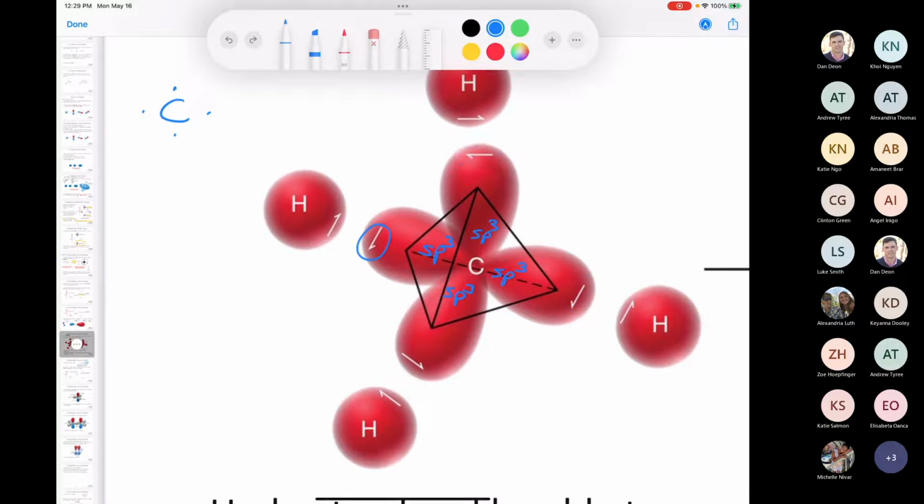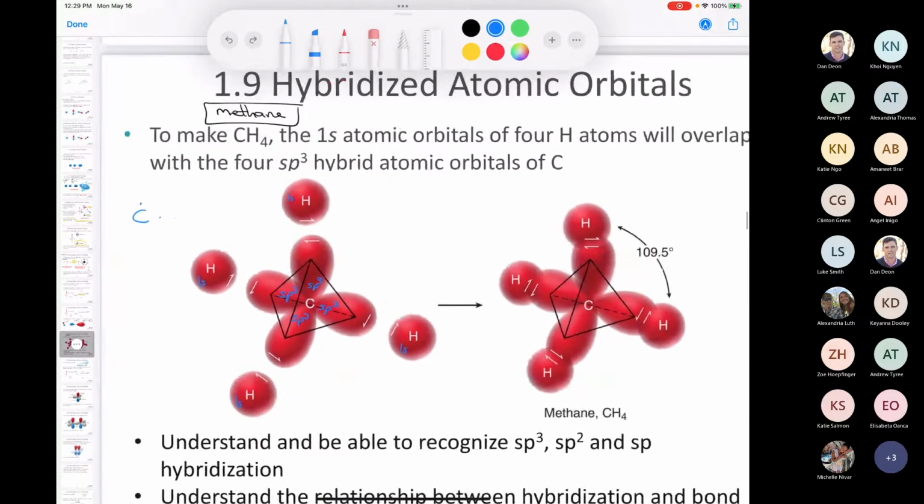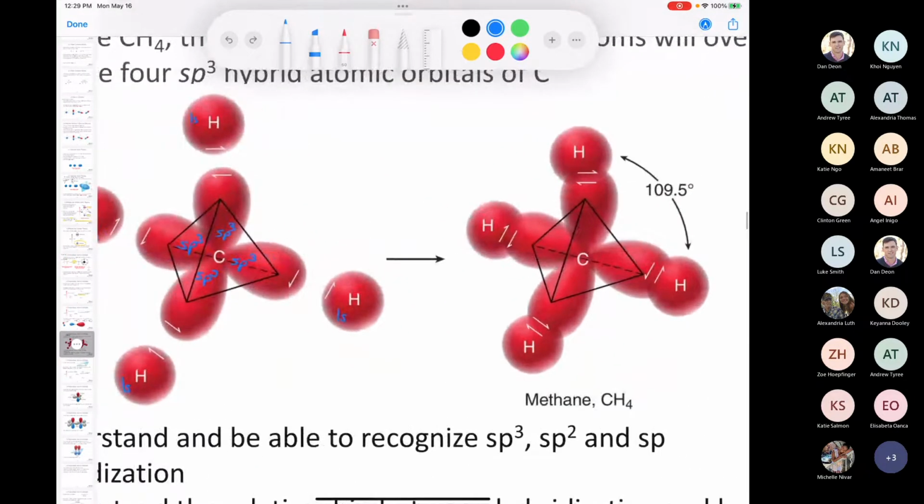And so as we take those hydrogen atoms that are all just a plain old 1s orbital that doesn't have to be hybridized, the 1s orbitals approach the sp3 orbitals and they overlap with them. And when they overlap, they make bonds.